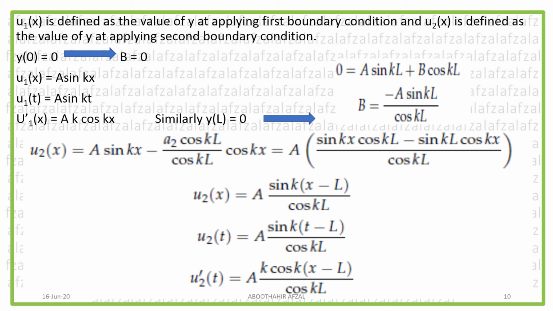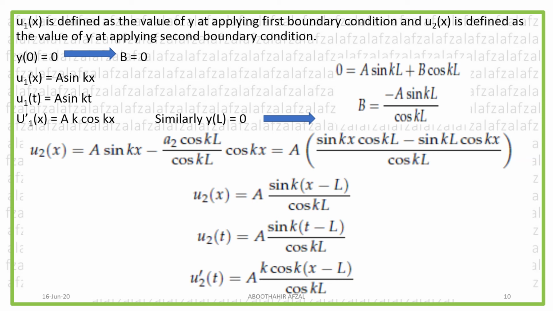If I put the second boundary condition, y of l is equal to 0, so that will become 0 is equal to a sin kl plus b cos kl. Therefore, we can find the value of b, which is minus a sin kl by cos kl. Similarly, put the value of b in the expression for y, you will get the value of u2. So u2 is a sin kx minus a sin kl cos kx by cos kl.